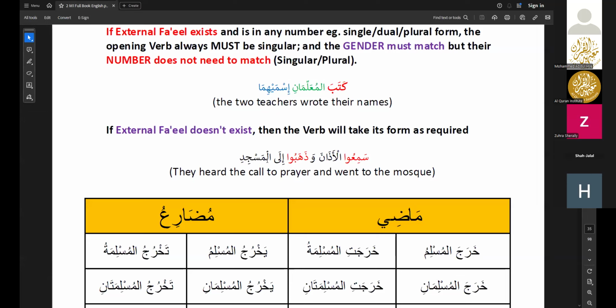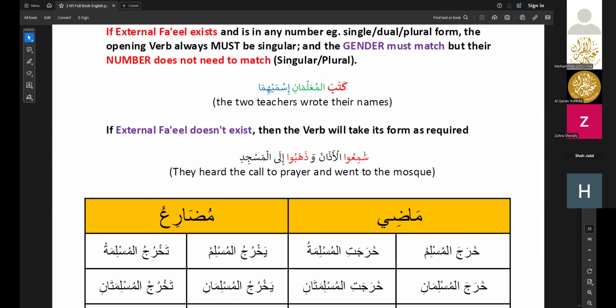After sami'u, can an external fa'il come? No, because it is not huwa or hiya form. It is hum form. So we are not expecting an external fa'il here. Instead of an external fa'il, you get a maf'ul. After dhahabu, can an external fa'il come?